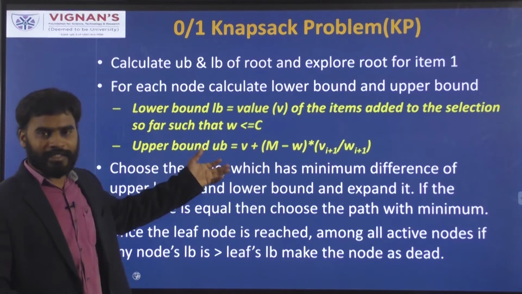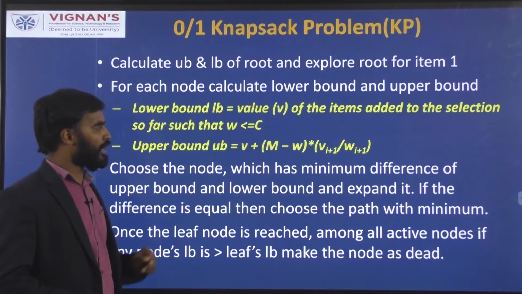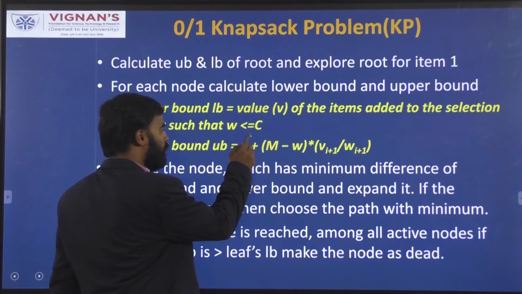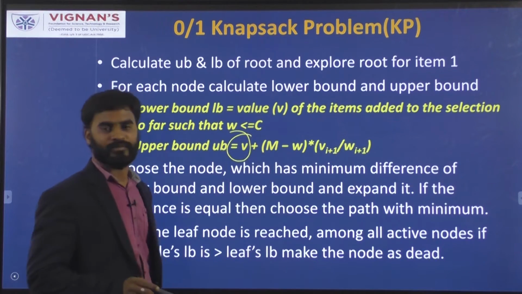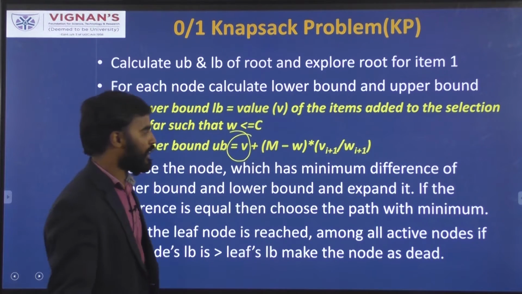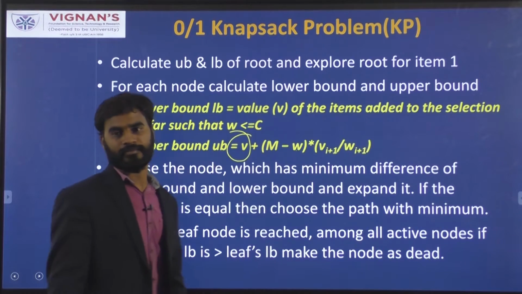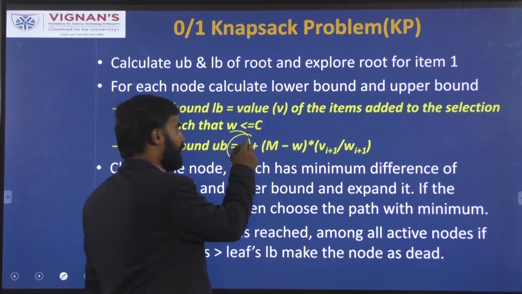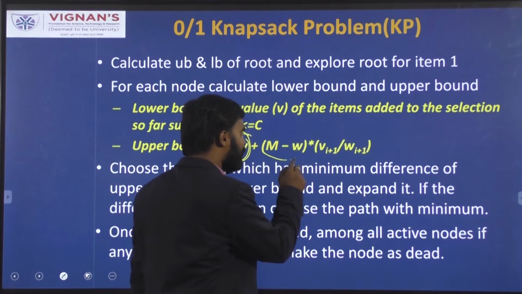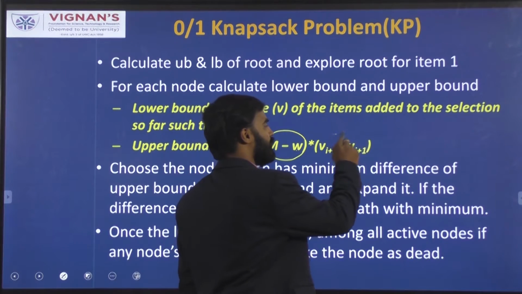For each node, we will calculate the lower bound as well as the upper bound. The lower bound is the value of the currently selected items. For the upper bound, V is the value of the current selection, M is the capacity, and W is the weight of the current selection. It is the value of the current selection plus the remaining weight times the profit of the next item.